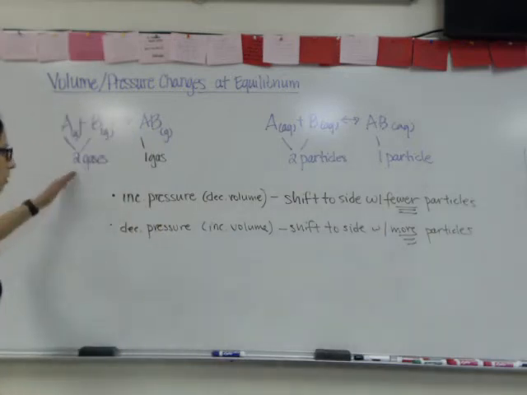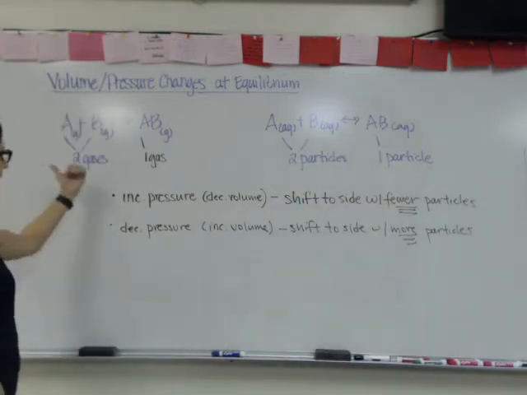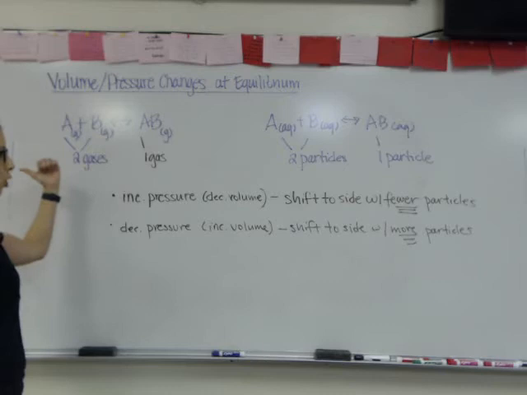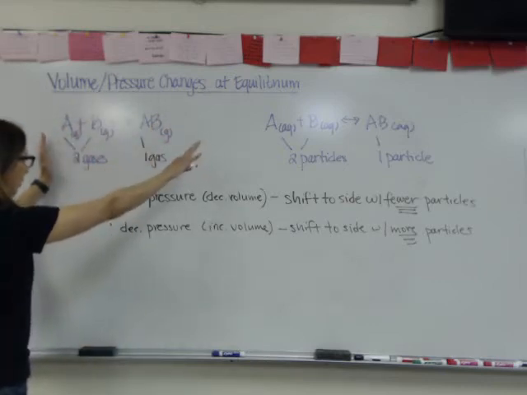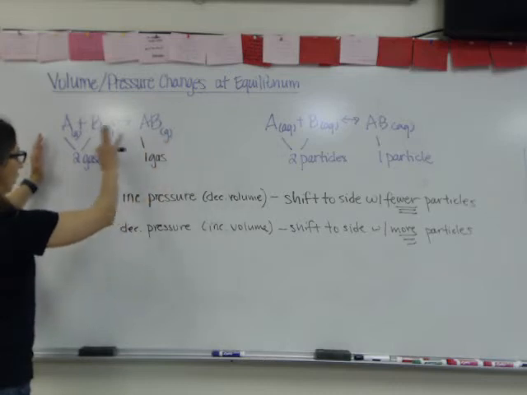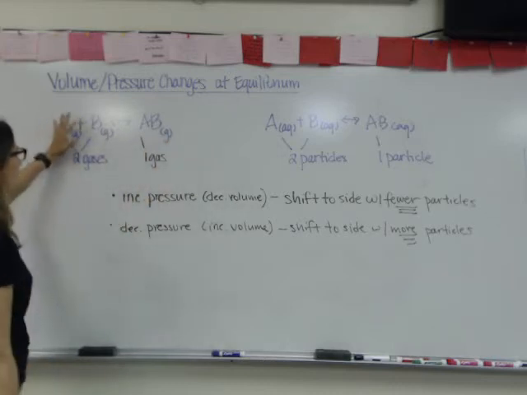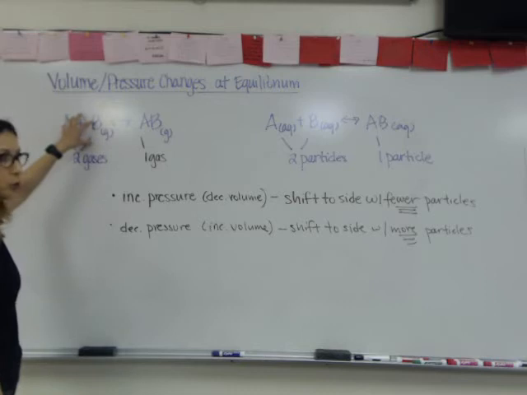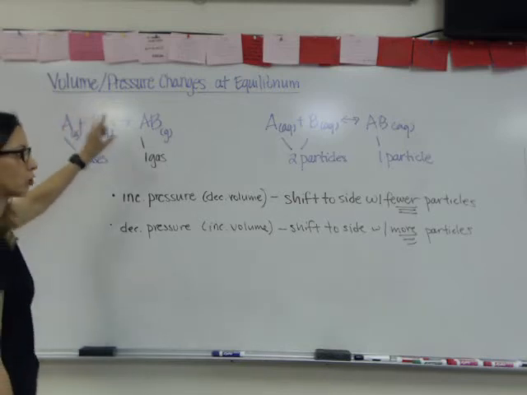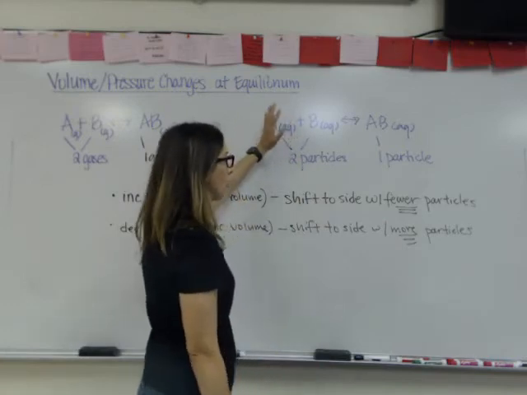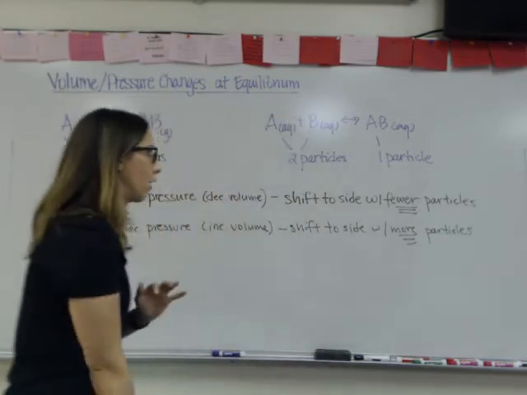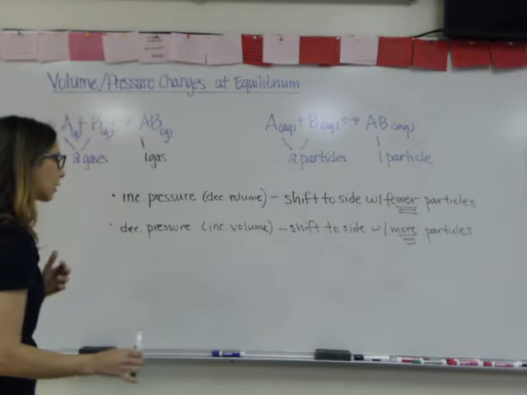So in this case, I'm going to shift to the side that has 2 gas particles, which is on the left. So when I decrease the pressure for this system at equilibrium, I'm going to shift to the left to bring some of the pressure back up, since there are more particles present here, which would increase my pressure. Same thing here. I would shift left because I would bring up the osmotic pressure because there are 2 particles on the reactant side.